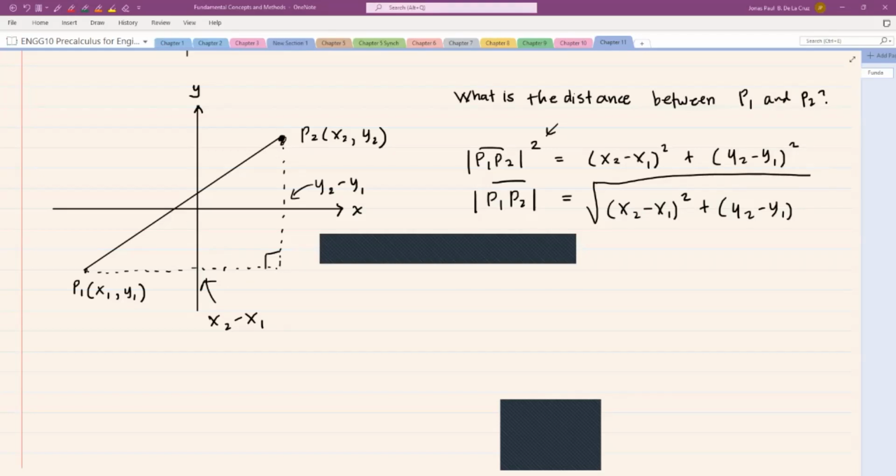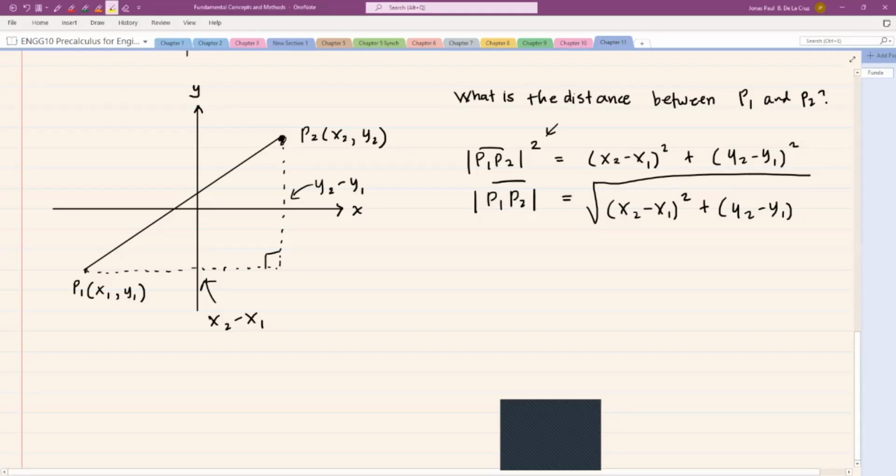So that's our formula for the distance between 2 points. Kabisaduhin nyo na yan. This is the formula for the distance.